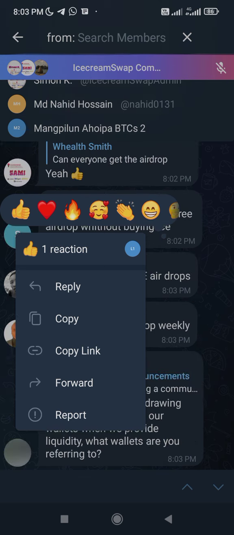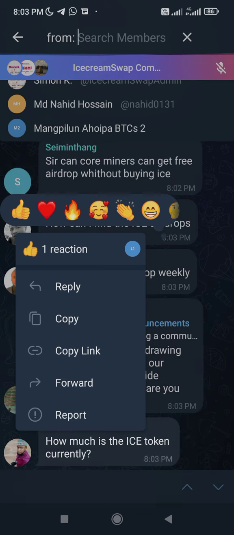IceCreamSwap is fully decentralized. We are using the original unmodified Uniswap v2 smart contracts. So that means under the hood we inherit all the security of the Uniswap project.